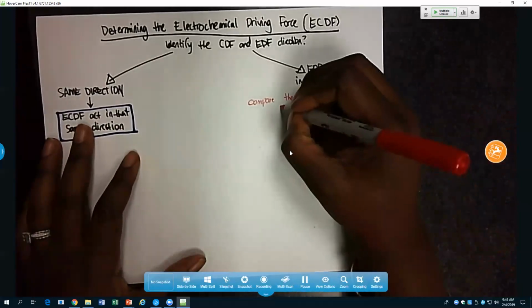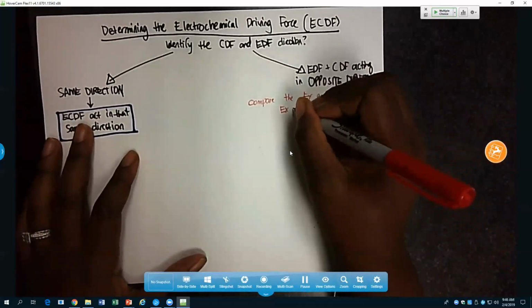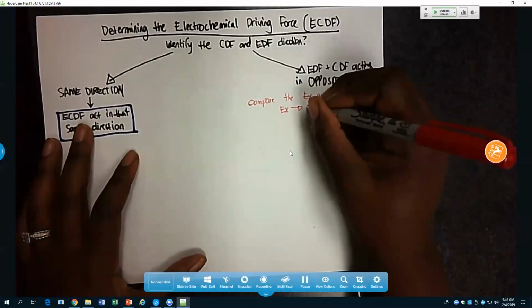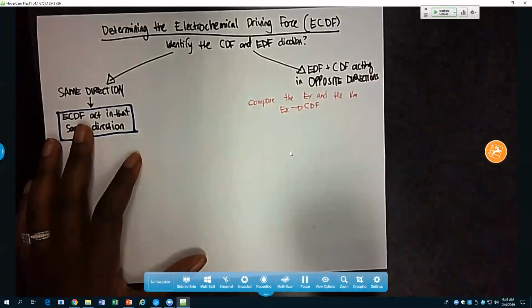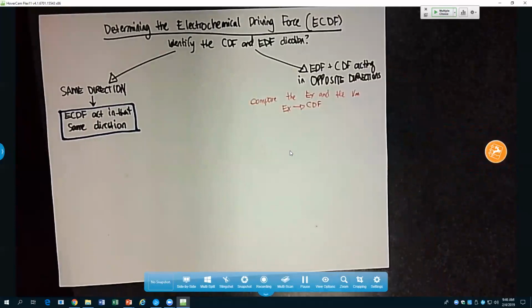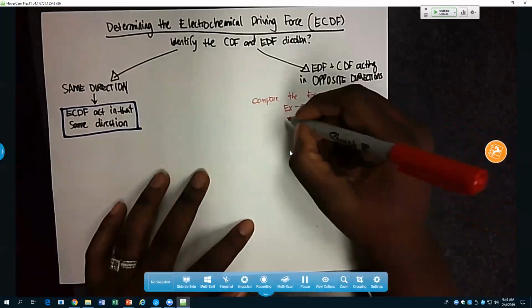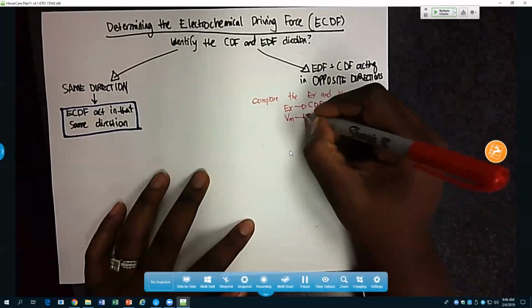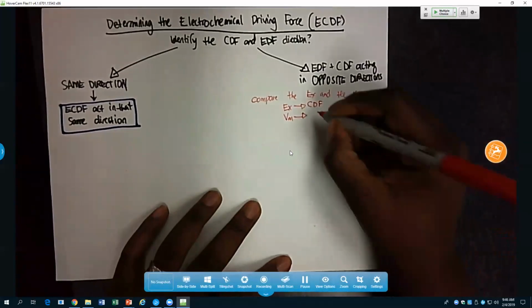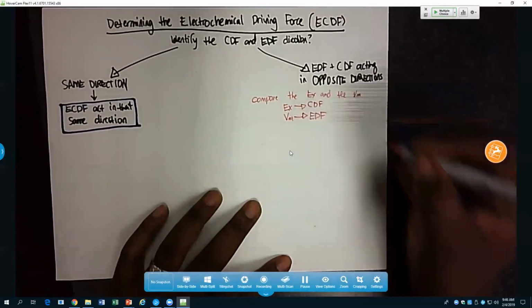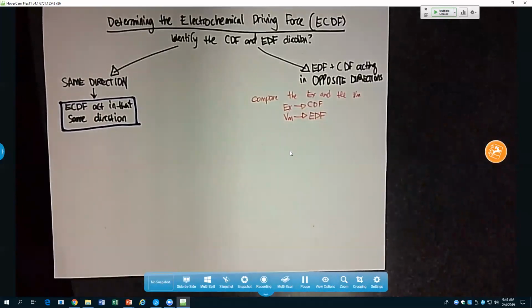So I'll write here that the equilibrium potential is indicative of a stronger chemical driving force. And we also said that the membrane potential is indicative of the electrical driving force, the degree of separation of charge. So if we compare the equilibrium potential and the membrane potential, we can figure out which of the two forces is the dominant force.